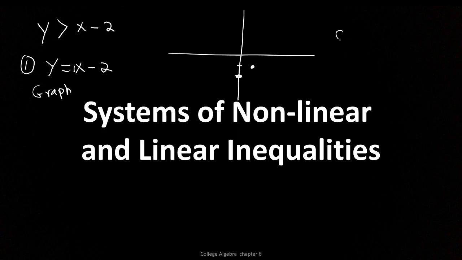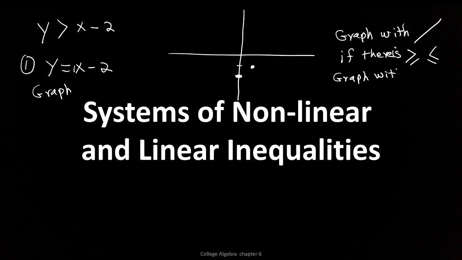Now, graph with a solid line if there is either less than or equal to or greater than or equal to, and graph with a dotted line if there is, when I say there is, I mean in the given inequality, if there is greater than or less than.